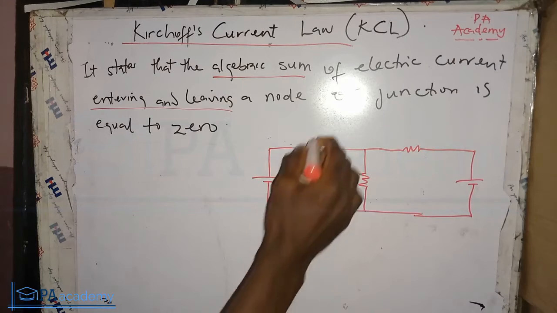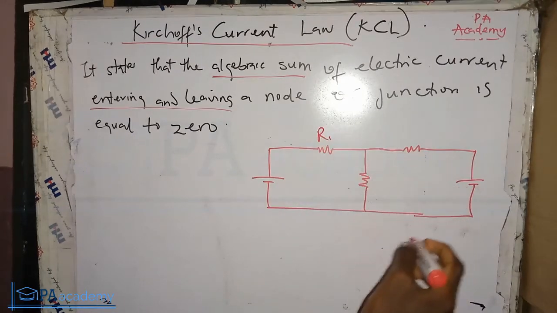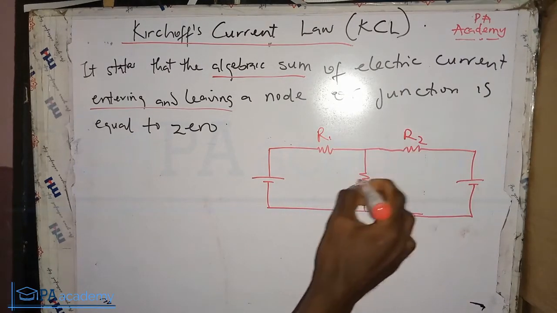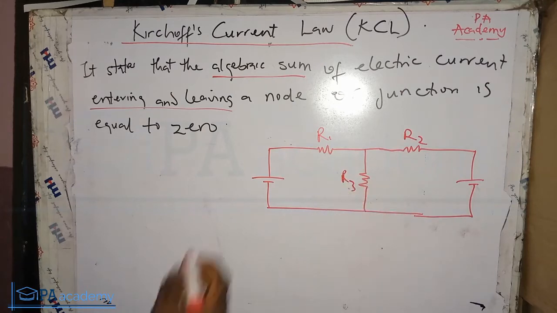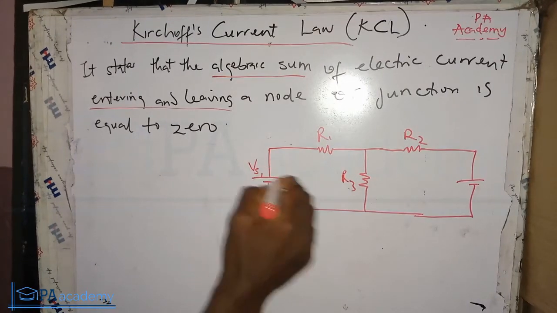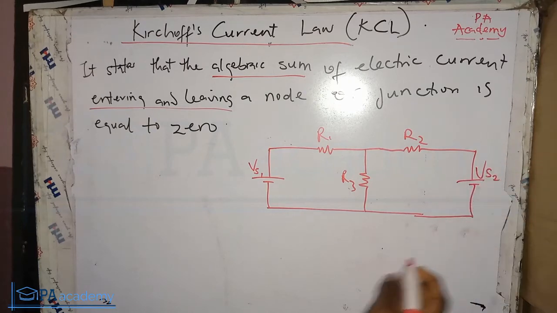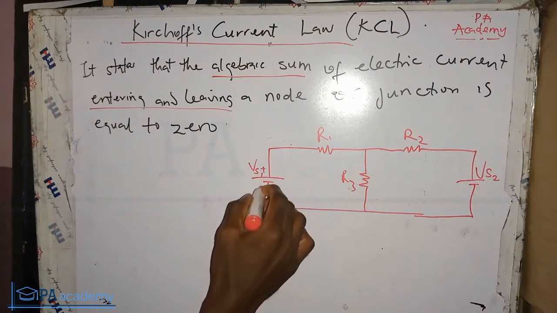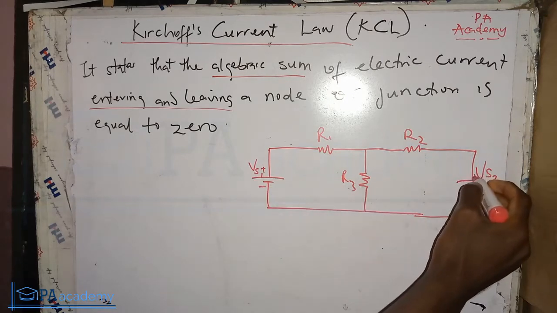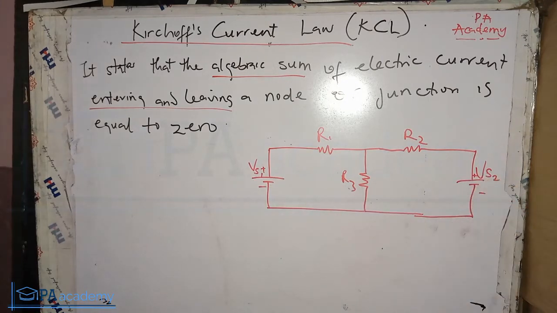Let's call these resistors R1, R2, and R3, and the voltage sources Vs1 and Vs2. Let me add the polarity here: plus, minus, the longer side is plus, and this is minus.